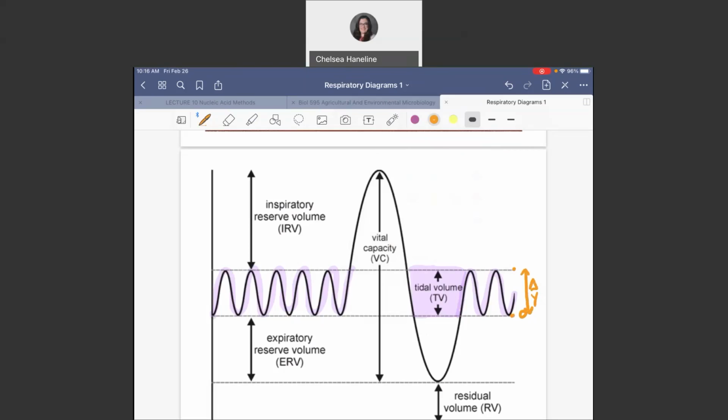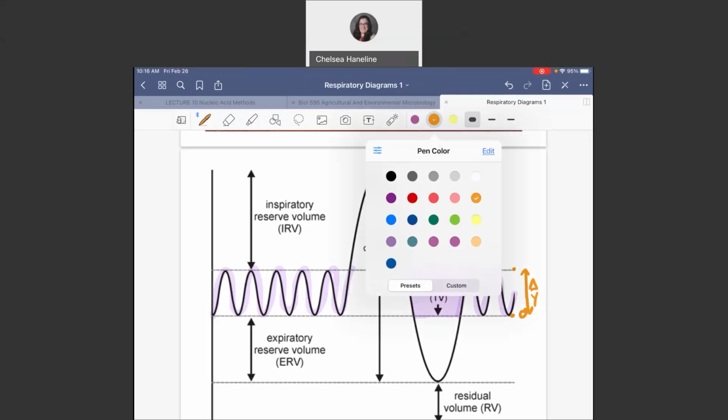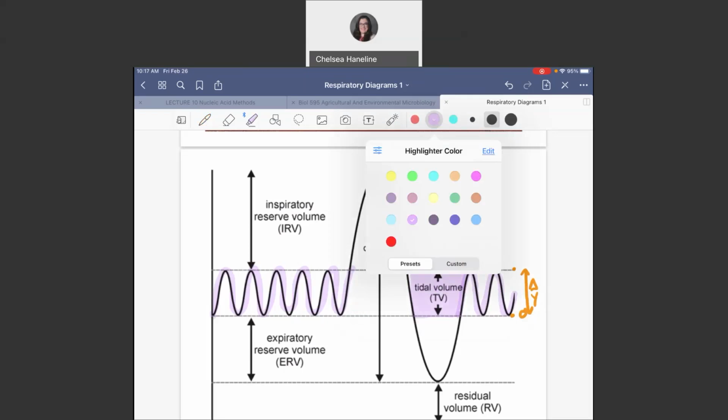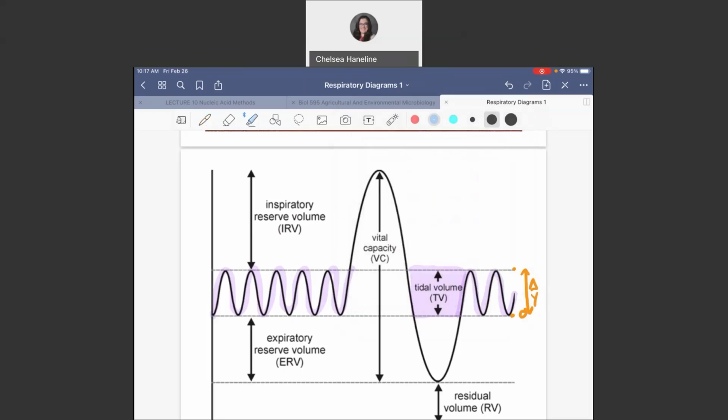And so then we have our inspiratory reserve volume. So when you're finding that value, when you're looking at the graph, you're going to go from the top of the tidal volume. So we're going to go from this point right here, and then we're going to go up to your highest peak, okay?